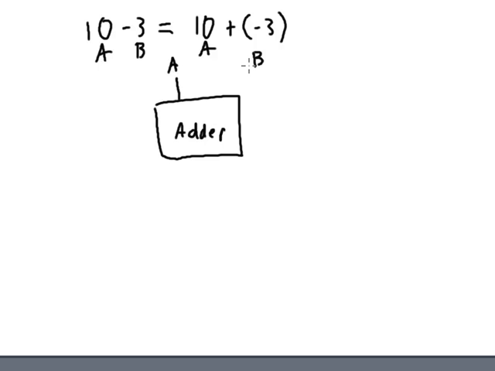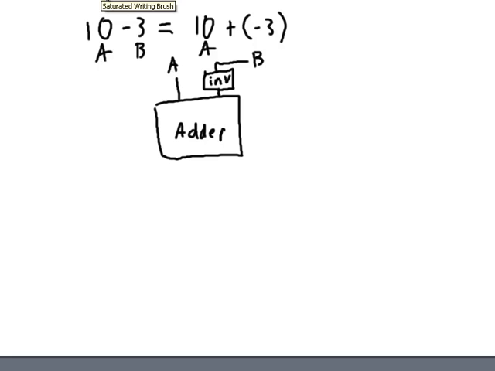B will first go through what I'll call an inverter, more like a negator, I guess. So the number 3 gets passed through this inverter, and we're going to have A plus negative B to give us A minus B.